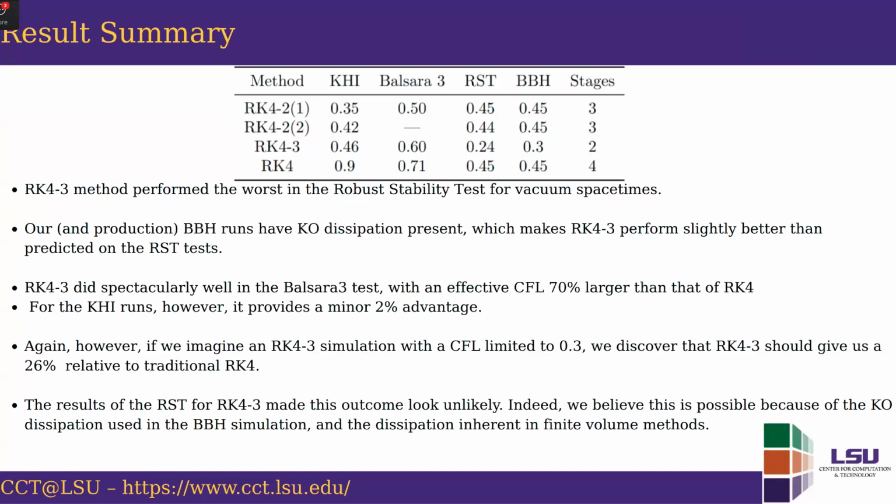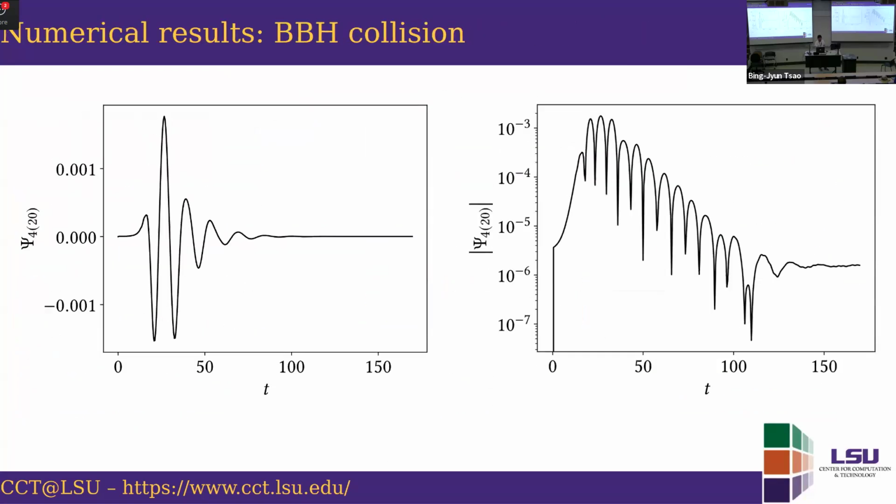So our best results are for the binary black hole runs. We've measured a 30% speed up of doing a binary black hole collision with our RK4(2) family of methods, right? So this is the method that uses one previous time level. We measured a 30% speed up with this one with no apparent penalties on the CFL side. And I'm just going to go back to this plot here.